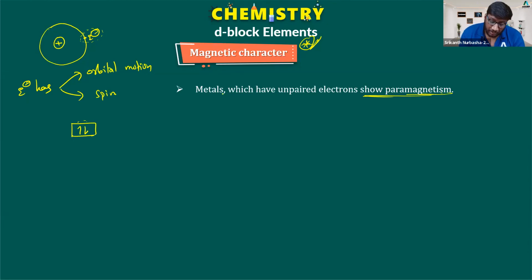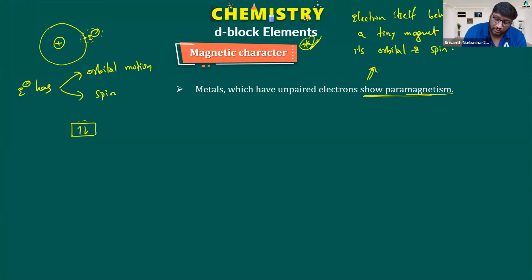Write down this. Metals which have unpaired electron show paramagnetism. Electron itself behaves as a tiny magnet due to its orbital and spin motion.